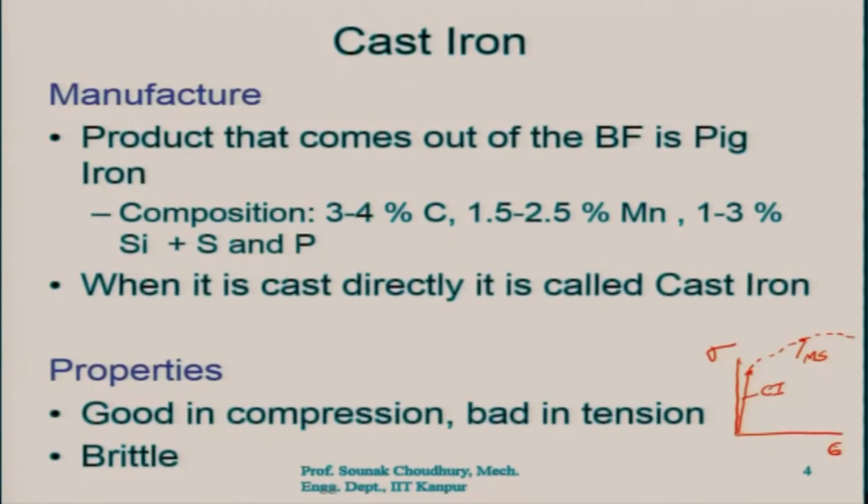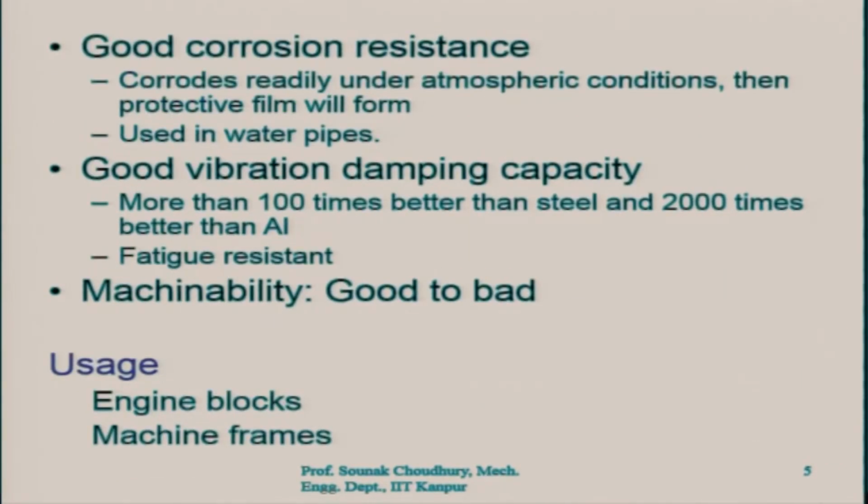They are brittle. Now, the cast iron has a good corrosion resistance. What happens is it corrodes readily under atmospheric conditions, and then that is used as a protective film, or protective layer. So, further this material will not be corroded.